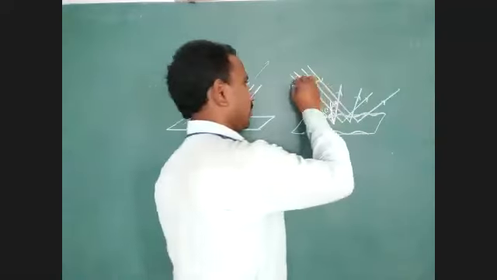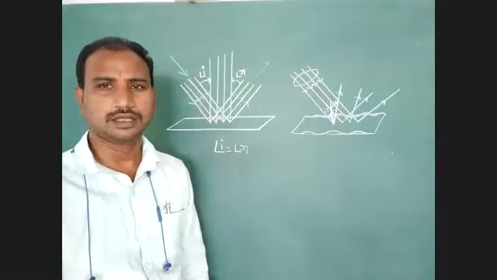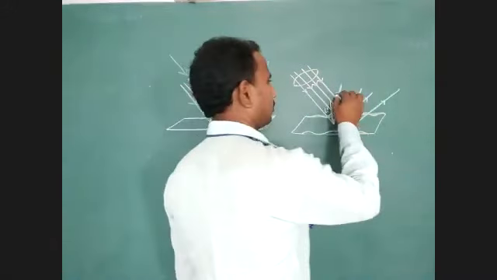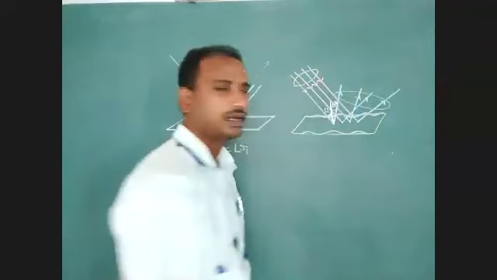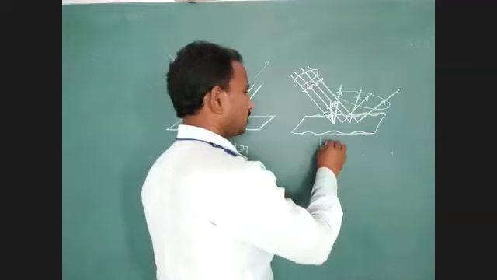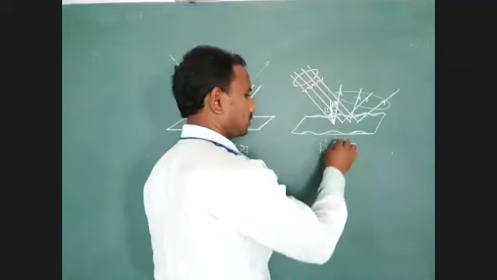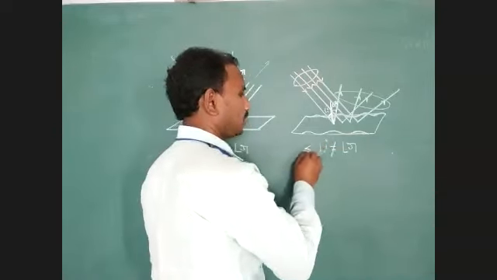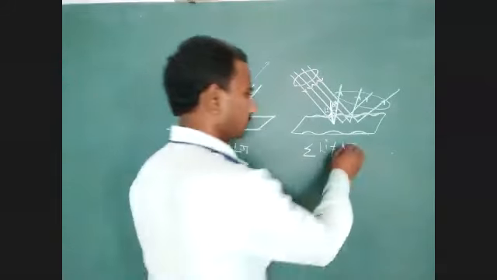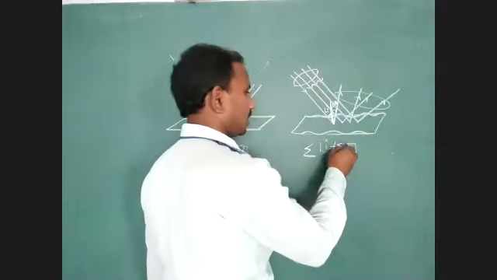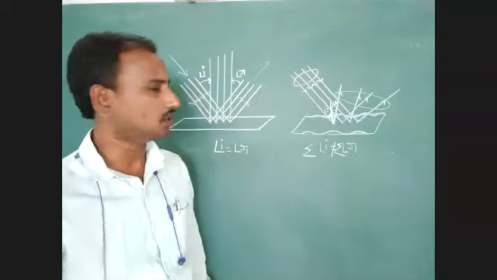But if we consider the complete parallel beam of light rays, the total irregular reflected rays, then the angle of incidence is not equal to the angle of reflection. The total reflected light rays make different angles with respect to the normal.